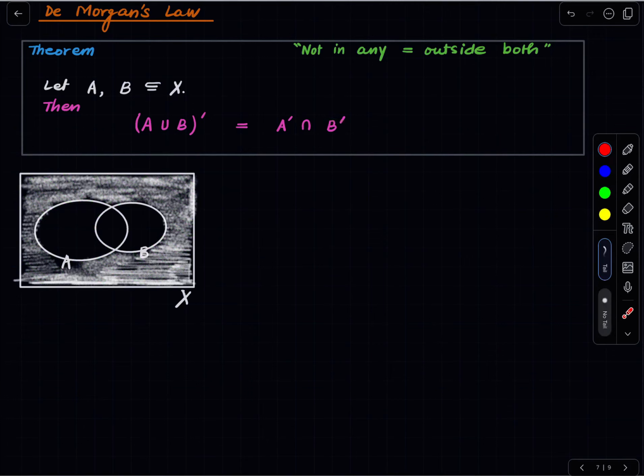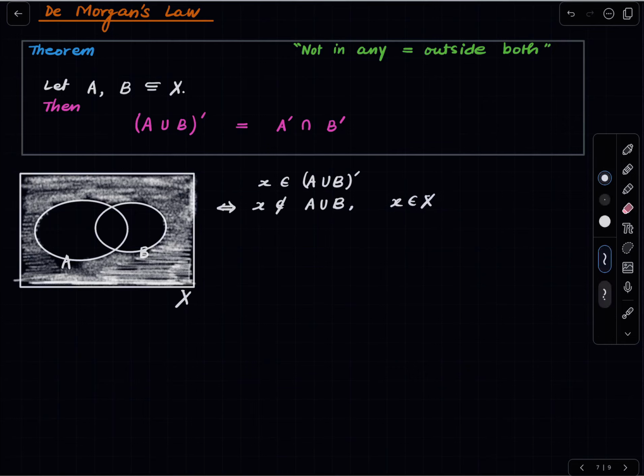But a picture is not a proof. So let's give a formal proof. Okay. So we start with, suppose x is an element on the left-hand side. What does that mean? It means precisely that x is not in A union B and x is in X. That's exactly what it means.